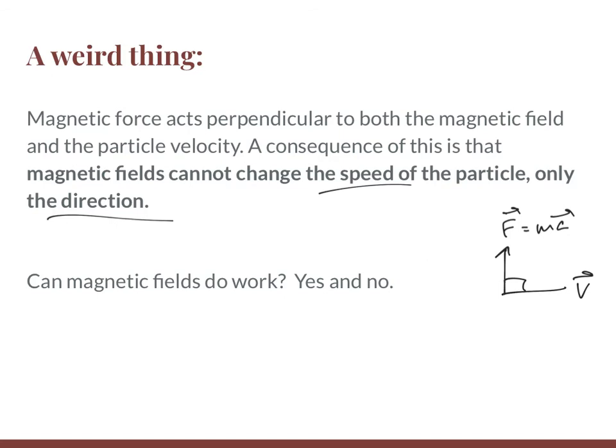Which begs the question, if magnetic fields can do work, because kinetic energy, or work, is a change in energy, and if you're changing kinetic energy, you have to be adding speed, and if you're in a uniform magnetic field, then you're not gaining potential energy any which way. So the answer is no, magnetic fields cannot do work on a particle that's only moving with translational velocity.